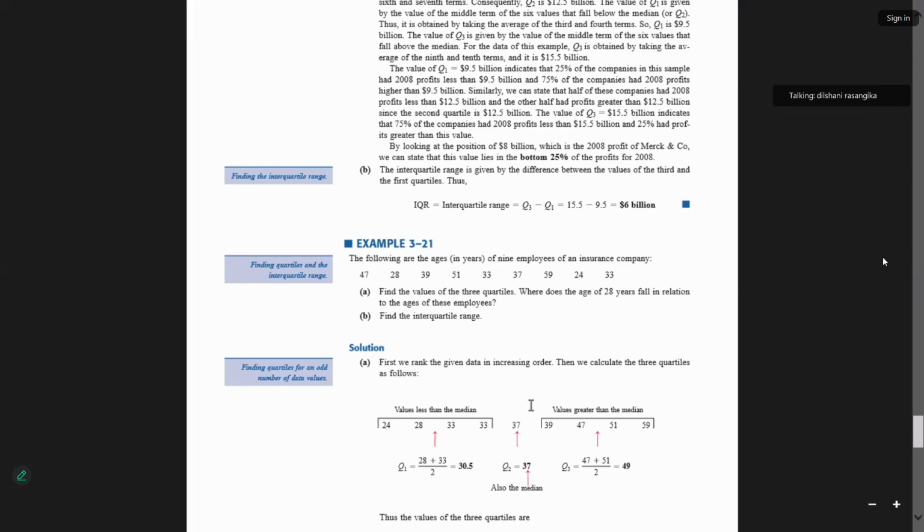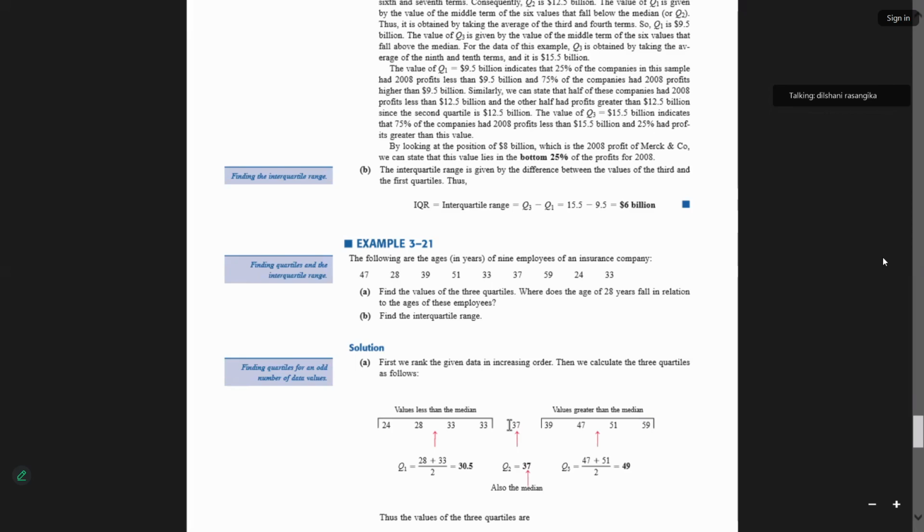It is Q2, and that means the median. In such cases, we don't need to include the middle value in the Q1 and Q3 calculations. Why? Because we don't need to consider this value, as it is in the middle position.